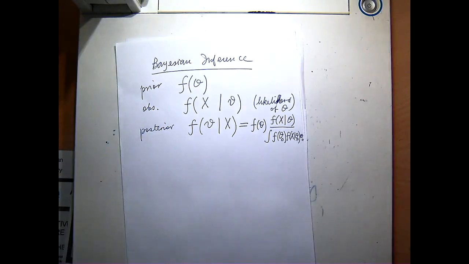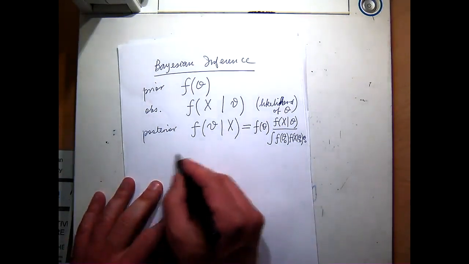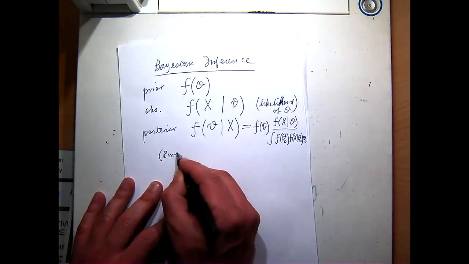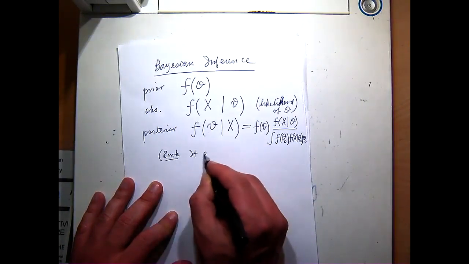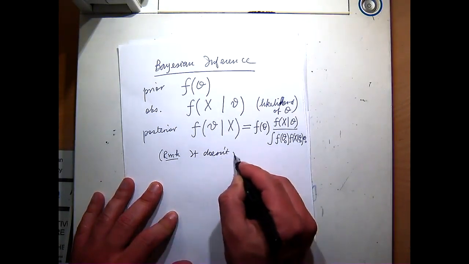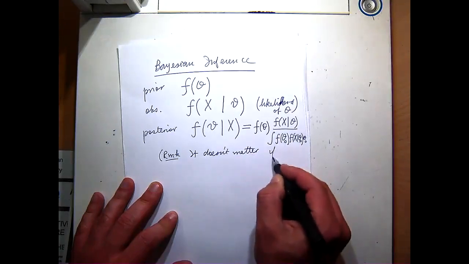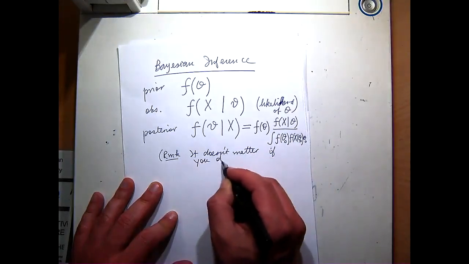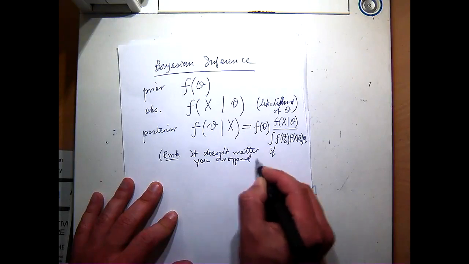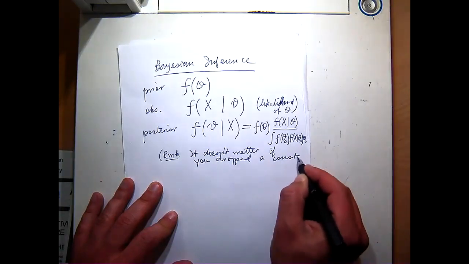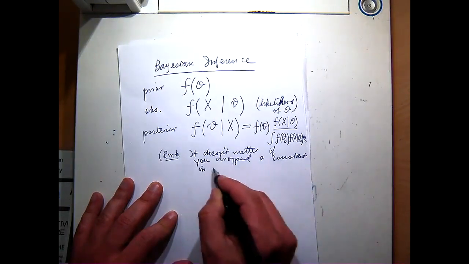Now the first thing to remark, which I did mention last time, is that it doesn't matter if you omitted or dropped a constant in the likelihood of theta.